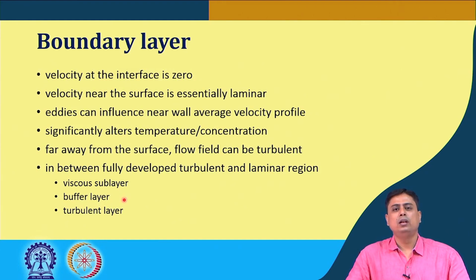So, inside the boundary layer we can have the viscous sublayer, buffer layer and the turbulent layer. The buffer layer can also be considered a transition layer, because if the flow changes from laminar to turbulent, there is that buffer or transition layer.